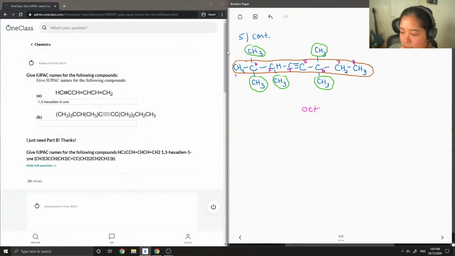So I'm going to do the triple bond last. But basically you want to do this in alphabetical order. And since it ends in "yne", Y is last. So I'm just going to say this will end in "4-yne". So this just shows that there is a triple bond on carbon 4.